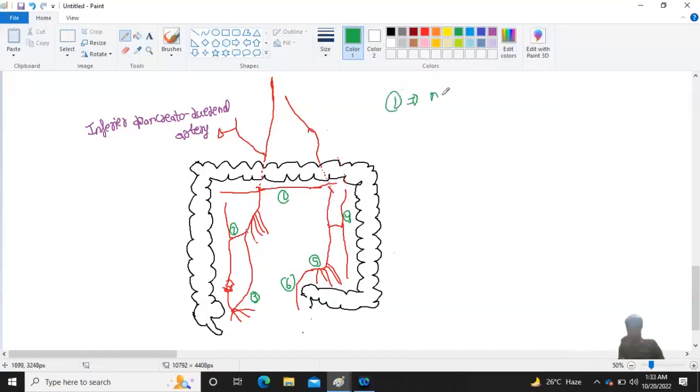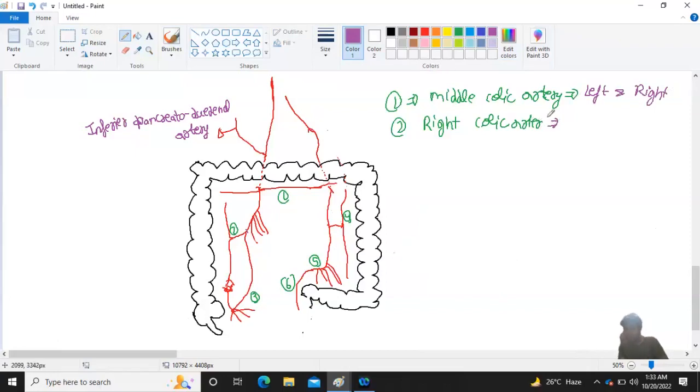One is the middle colic artery. Next is the right colic artery. These have branches, basically left side and right side. The middle colic has branches left and right. The right colic artery has branches upper and lower.